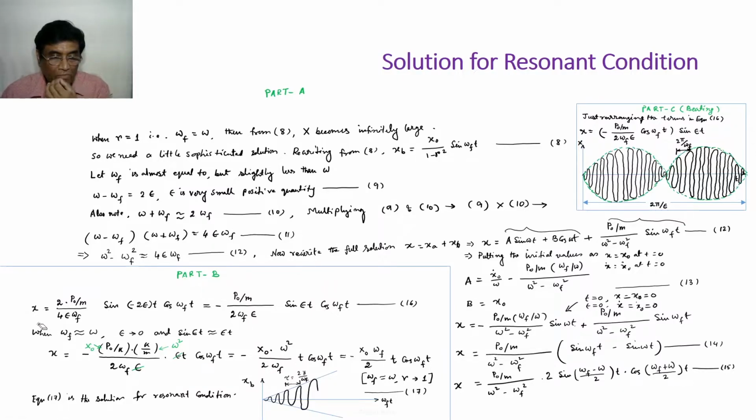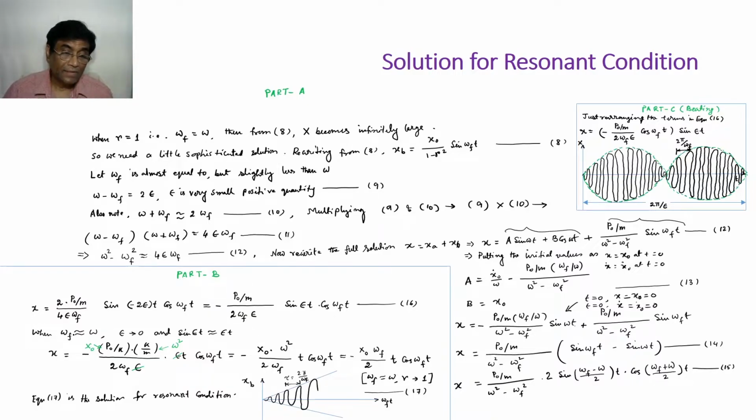Okay, so x equals, now see omega, here we are putting 4 epsilon omega_f, and 2 is already here, so 2 cancels out, and this takes the form minus p0 by m divided by this, sine of epsilon t times cosine omega_f t.